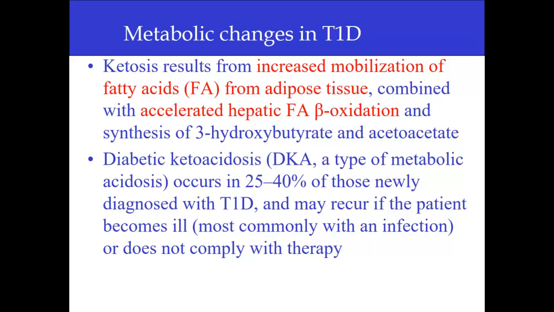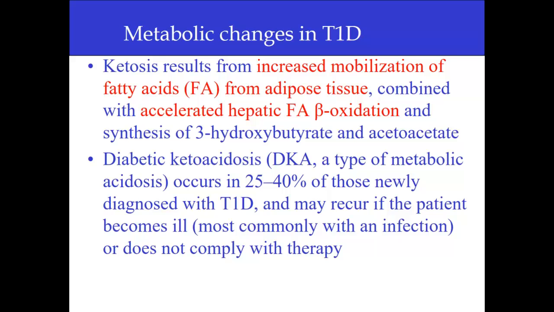Remember, if we have insulin, we tell the body to stop breaking down fat, to stop mobilizing the fat that we stored in our adipose tissue, because insulin is anabolic. It's the time to store, not to break. If we don't have insulin, the signal is lost, and therefore there will be increased mobilization of fatty acids from adipose tissue.